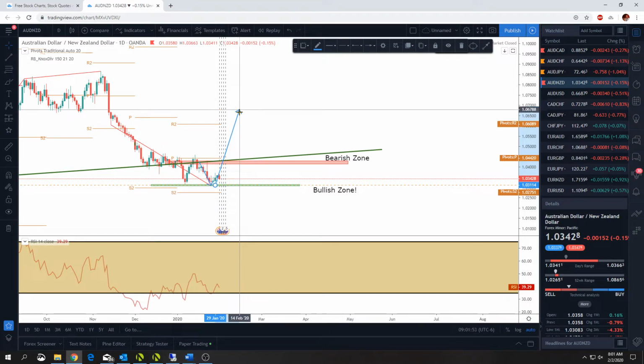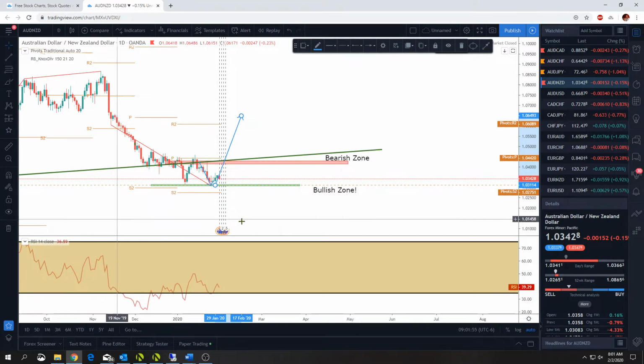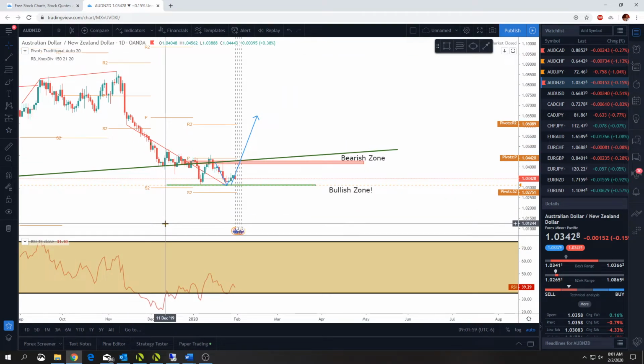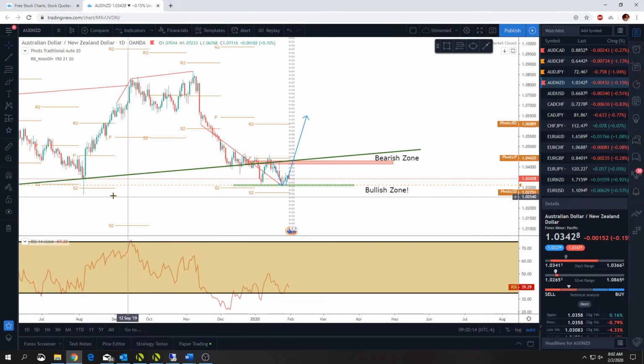So that's where we've got to look broad stroke and go, okay, obviously the Australian dollar doesn't have a lot of strength right now, and we want to see fundamentally some strength come back into it before we go back to our classic moves that happen on the technicals. We want to see some strength coming back into that pair before we just rely on our technicals to be obedient.